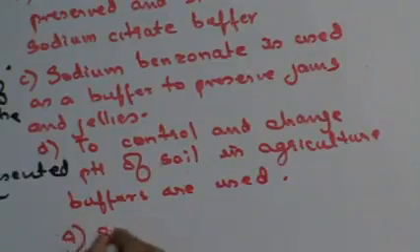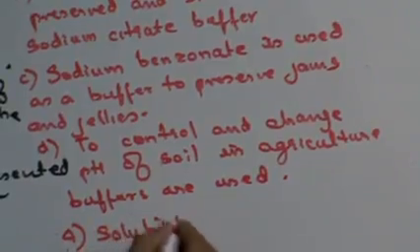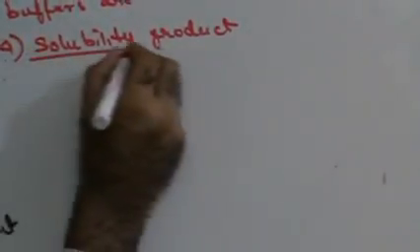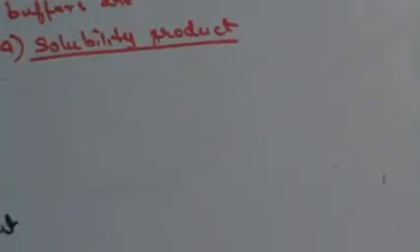Let's see what you mean by solubility product. What do we understand by solubility product? When any ionic compound is dissolved in water, it dissociates into cations and anions.